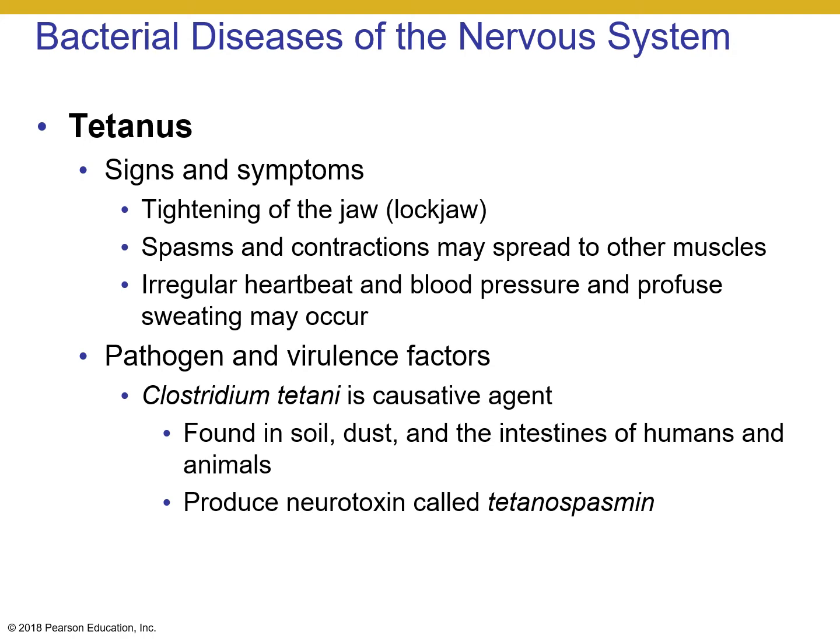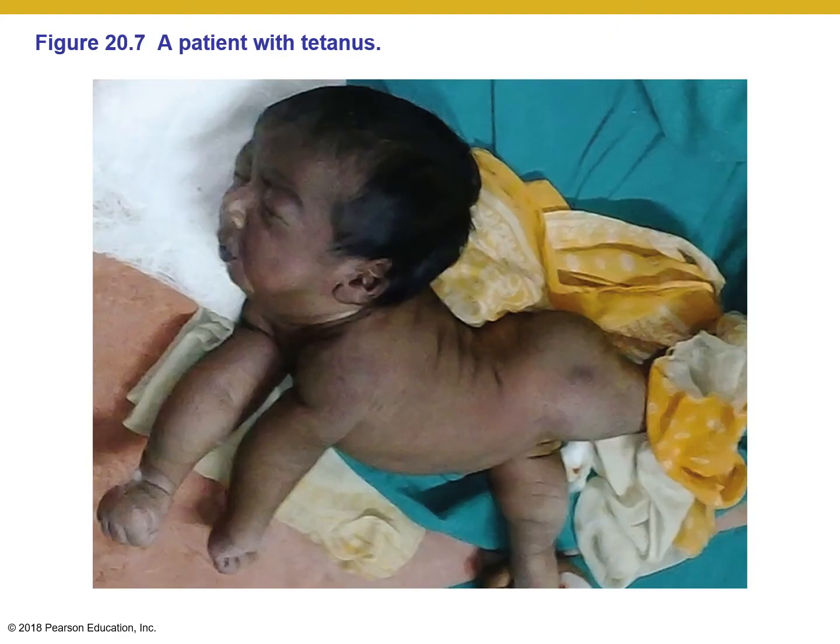It's found everywhere. It even grows in our guts. And the name of the neurotoxin is called tetanospasmin. Tetanospasmin causes spasms. That makes sense. Here's a baby who has tetanus, and you can see the muscles have contracted and aren't releasing.